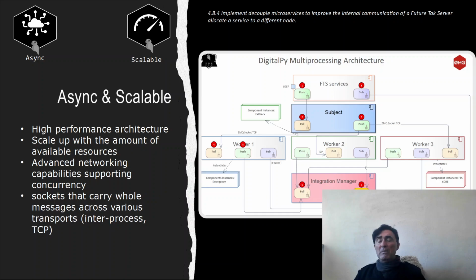So for the more technical people here, you can notice that we are using different patterns, so push and pull, and pub and sub. Pub and sub is a mechanism that will allow us to scale up to thousands of workers potentially.